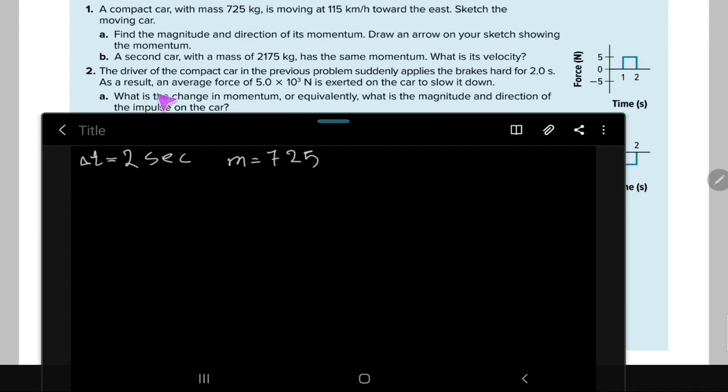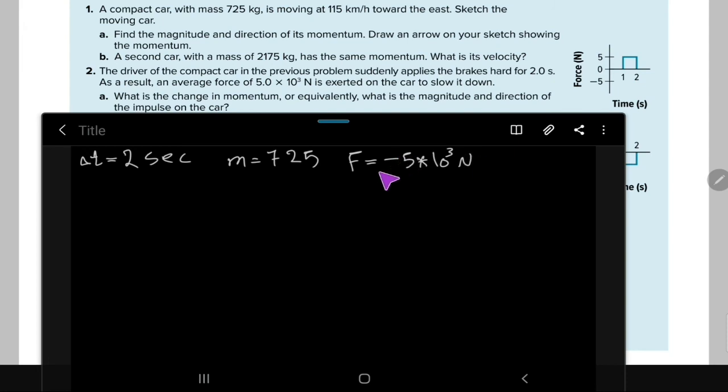And here we have an average force of 5 times 10 to the power 3 exerted on the car to slow it down. Because of the words slow it down, the force will be minus 5 times 10 to the power 3 Newton.